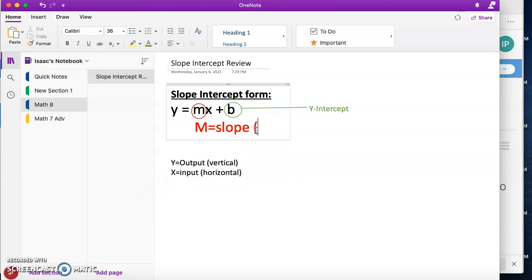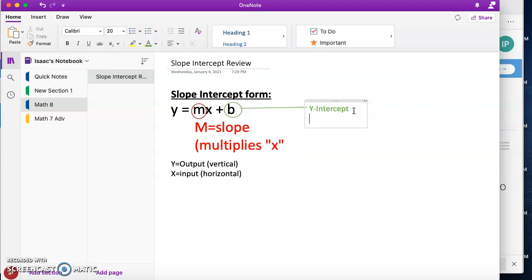M, the slope, always multiplies x. And the y-intercept always gets added to x. Once we do some things to x, our input, we're going to get out an output.